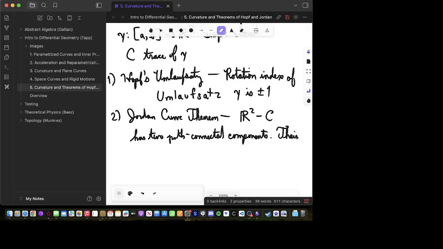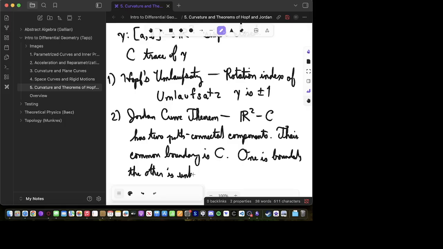Their common boundary is C. One is bounded, the other is unbounded.